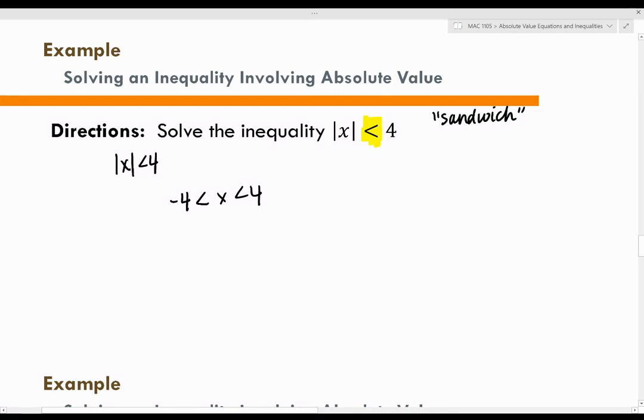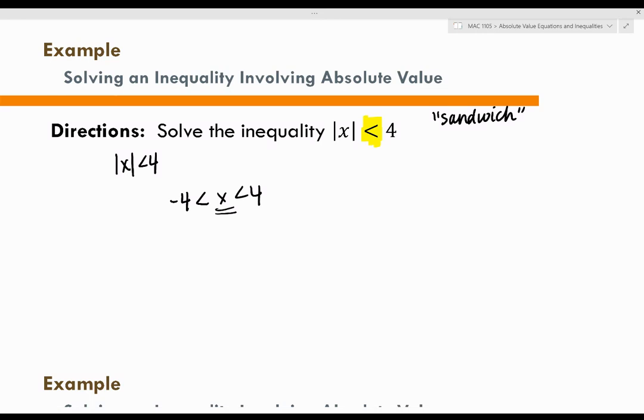Notice nothing changed with the x, but I sandwich it between its negative and its positive answer. Now, when I have this, I can tell that I'm finished because whatever my variable is, it will be in the middle of the expression by itself. There's nothing in the middle of that inequality except for x, so I'm good.